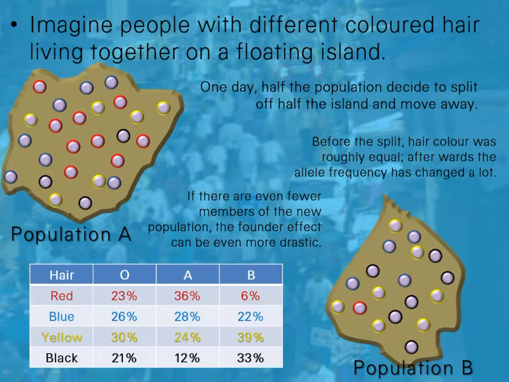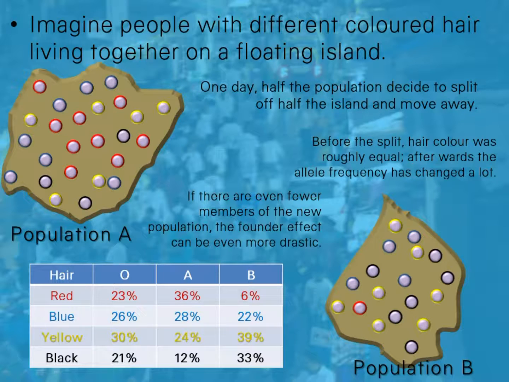At the time of the split then, the red-haired people in population A is 36% of population A. However, in population B, redheads are only 6% of that population. Blue hair is 28% in population A and only 22% in population B. Still similar to the original percentage, but there is now a difference.